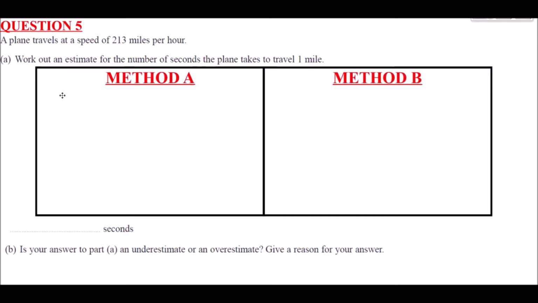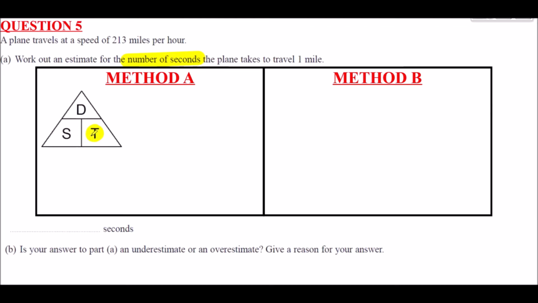Method A, probably the most common and tempting one, but not always the easiest, is to consider this as a speed, distance, time equation, with which we can use the magic formula triangle SDT. Speed equals distance over time. Sausages don't talk is one of the silly ways of remembering this, which does work. The question asks for the number of seconds, which is a measure of time.